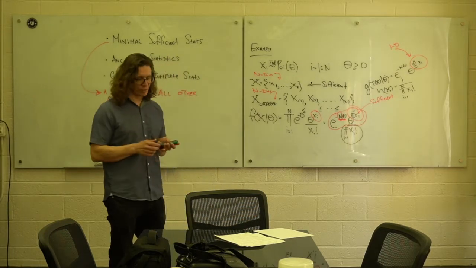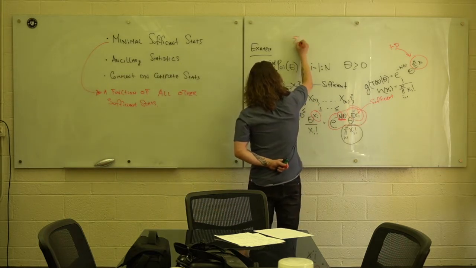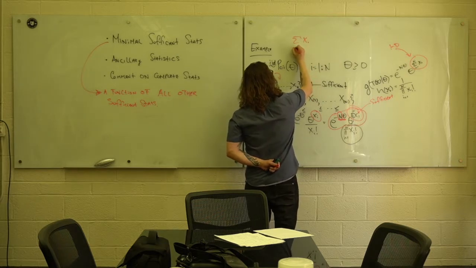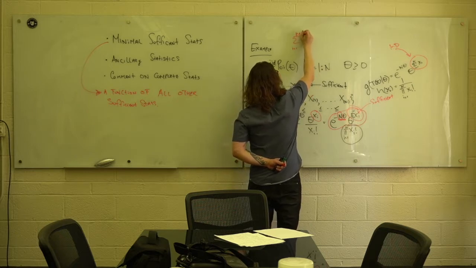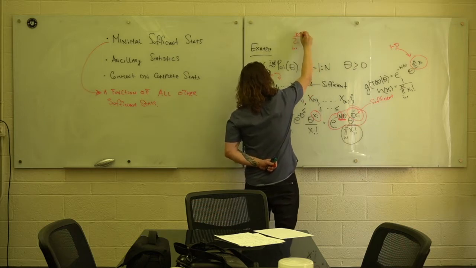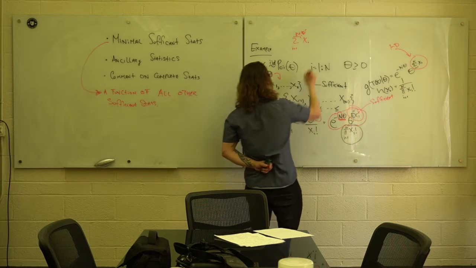There's a lot of stats that we could write down. So we could write down sufficient stats that look like this. Sum of xi, I'm going to say i goes from 1 to some number k. K is going to be less than or equal to n. Actually, we'll do this a couple different ways. So I'll introduce a k prime.